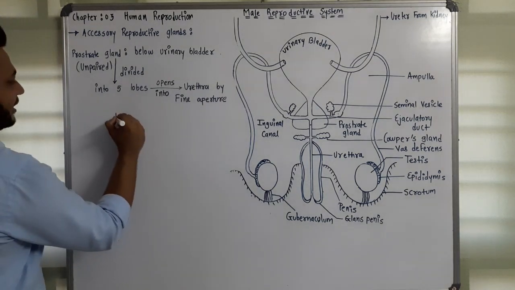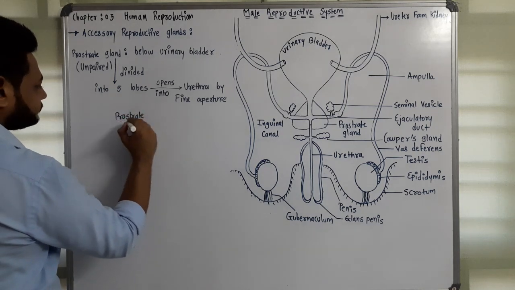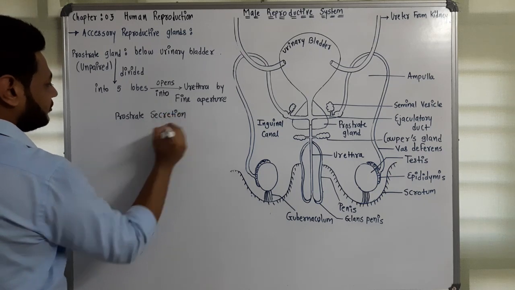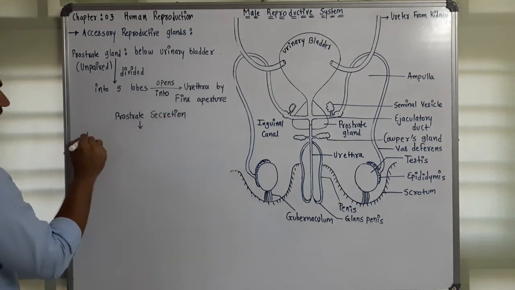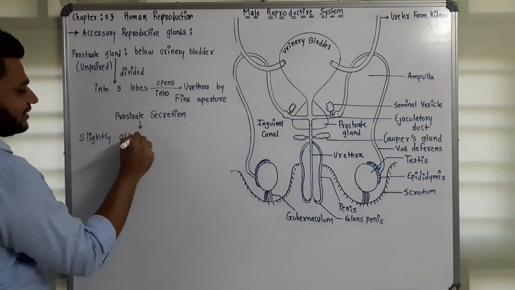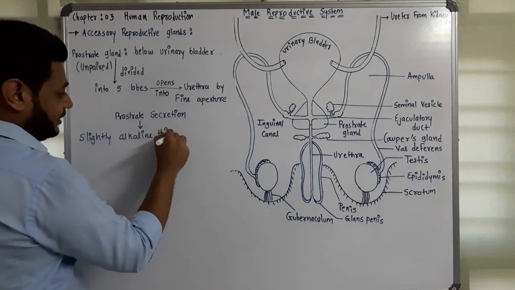Now the prostate gland secretes prostate fluid. The prostate secretion is slightly alkaline, that means basic, and it is thick and milky.